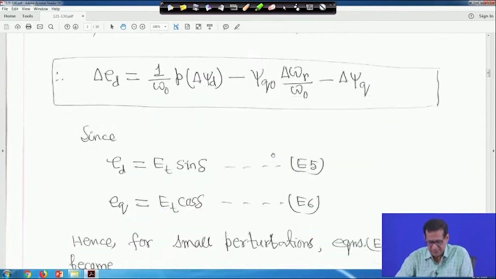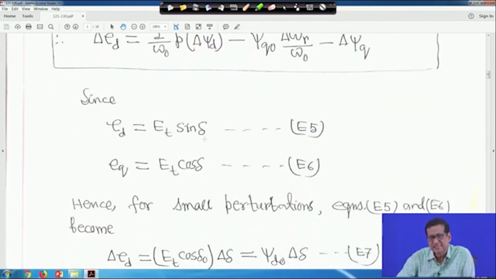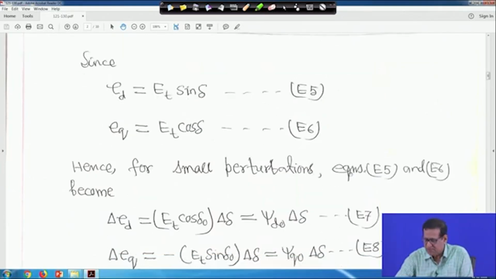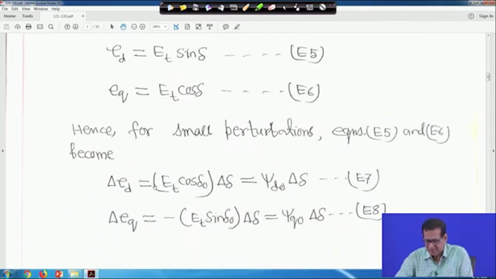So, now since we know that Ed is equal to Et sin delta, that is equation E5, and Eq is equal to Et cos delta, that is equation E6, hence for small perturbation of equations E5 and E6, it will be something like this. Delta Ed will be Et cos delta0 into delta. We have seen that Et cos delta0 is nothing but psi d0, as explained a few minutes before.